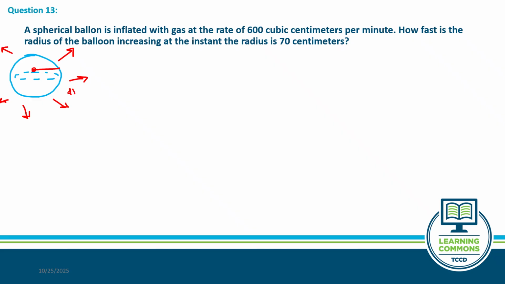So that means it is again expanding outwards. I have an r, which is 70. So let me write down my givens. I have dV dt, which is 600. r is 70. And I'm looking for dr dt.